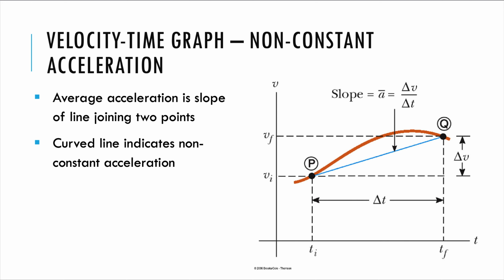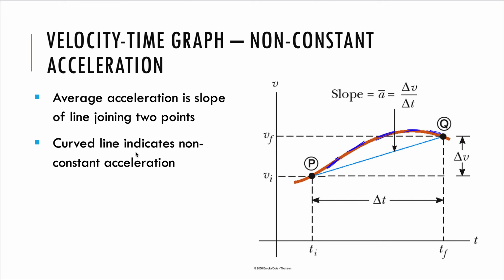So let's keep on going with our velocity time graphs. If we have a curve, then that means our acceleration is not constant, because the slope of the line tangent to any point is always changing.